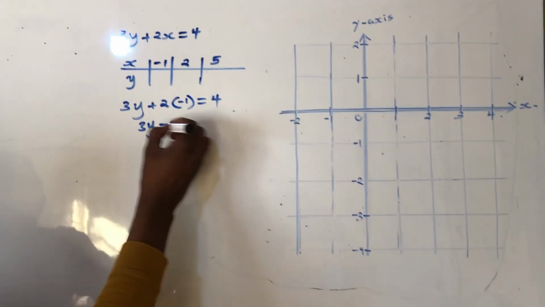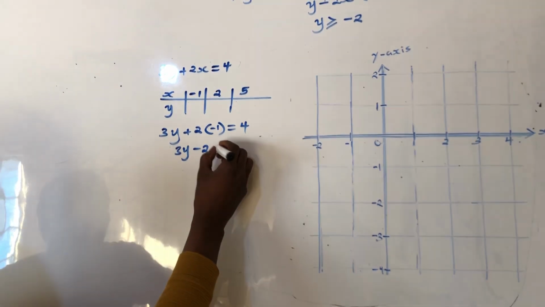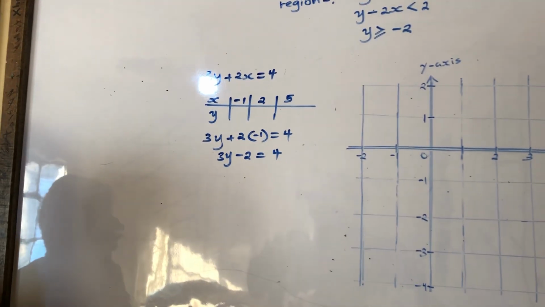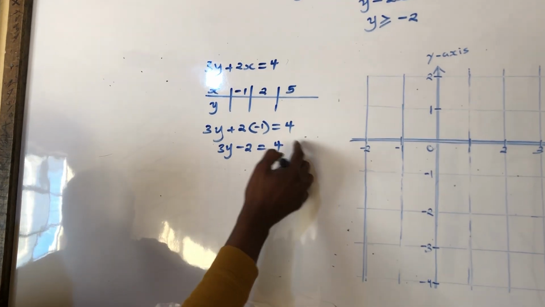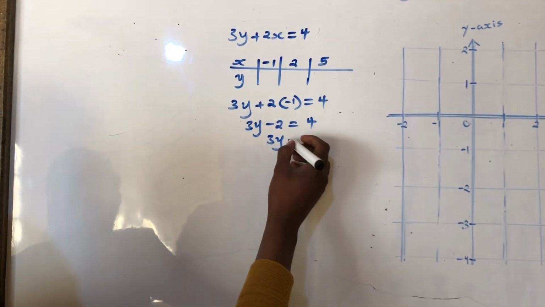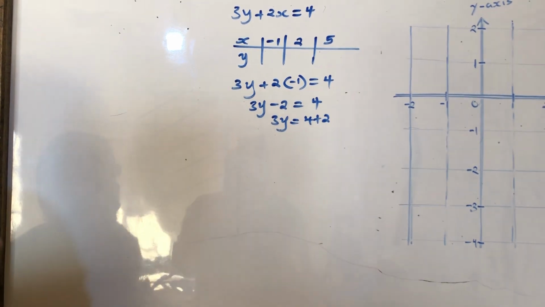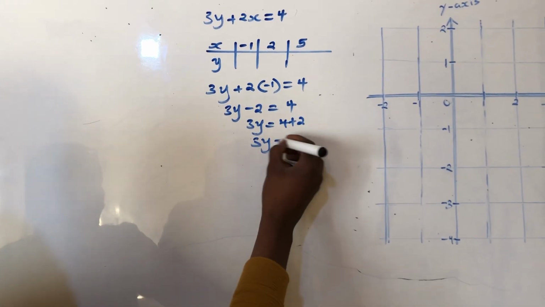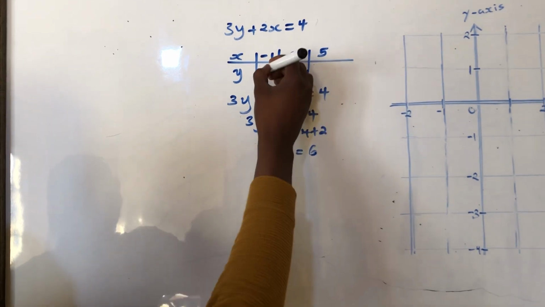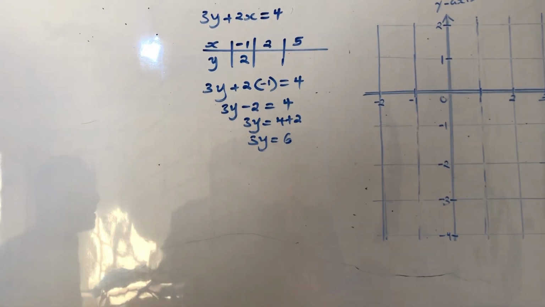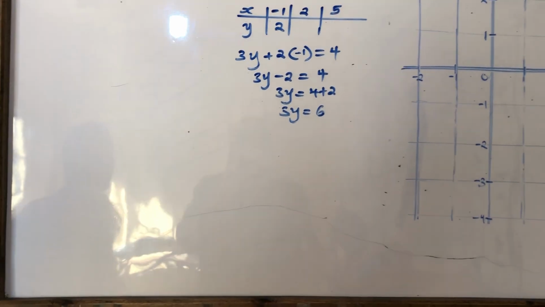That should give us -2. Carry the 2 to the other side of the equal sign. I'll have 3y is equal to 4 plus 2. 3y will be equal to 6, divided by 3, that should give us y equal to 2.